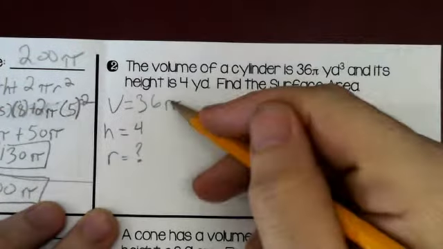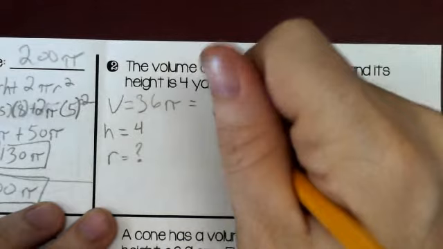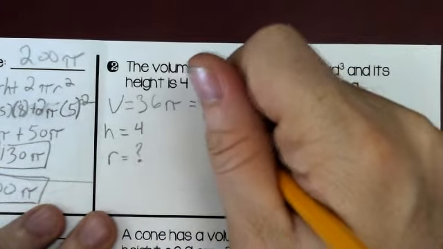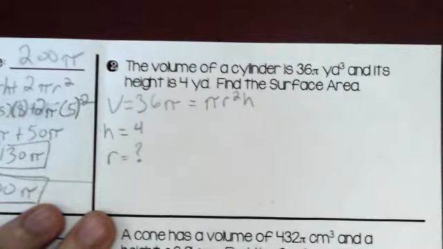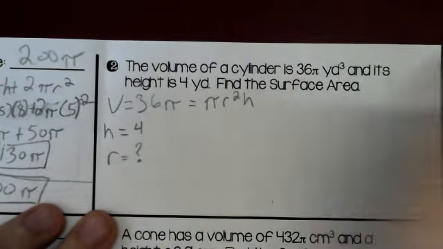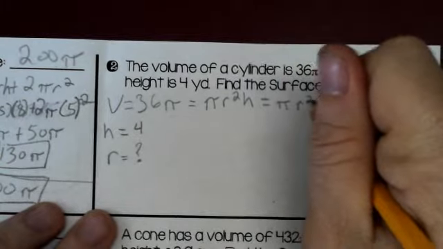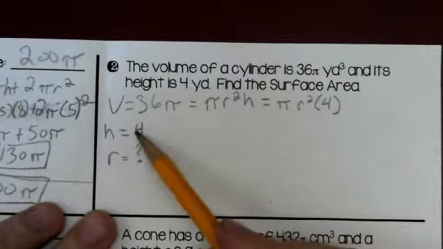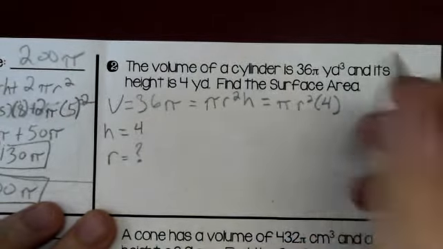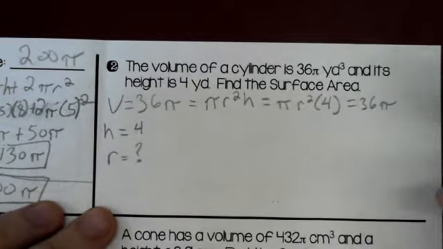Luckily, they gave us a formula, so volume equals 36 pi. Remember that volume equals pi r squared h. And so that would be pi times our radius squared times 4, because 4 was our height. And this just equals 36 pi.